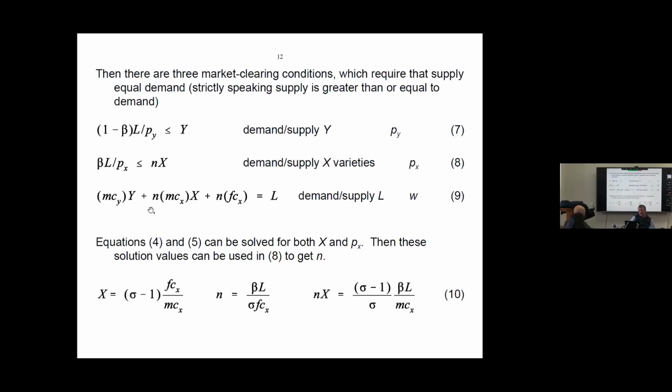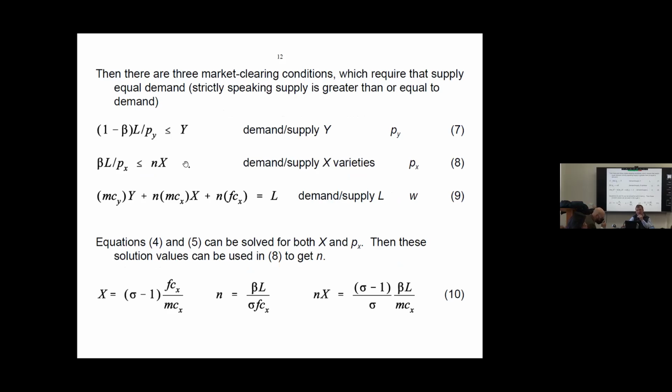Just going back to some other equations of the model: demand and supply for Y, demand and supply for X. To keep it simple, I just have a one factor economy, labor. So the supply of Y is greater than or equal to the demand for Y on the right-hand side. That formula comes from the Cobb-Douglas assumption in the upper nest.